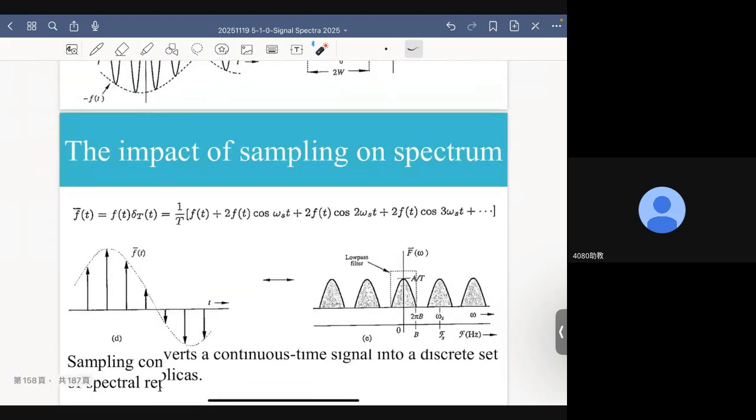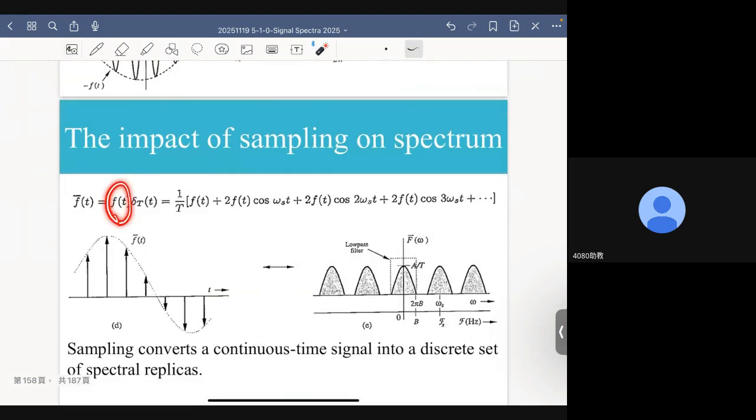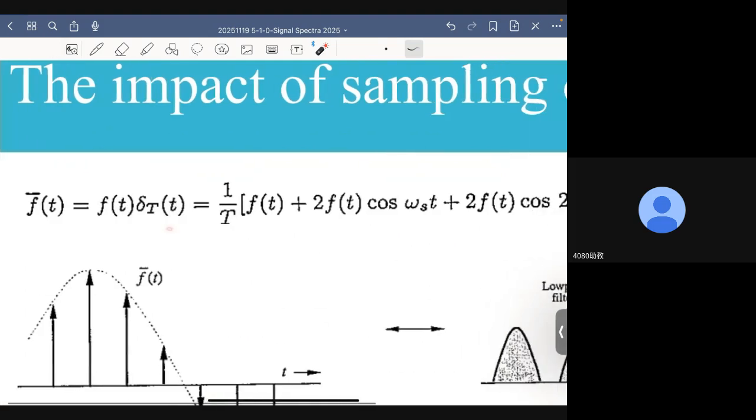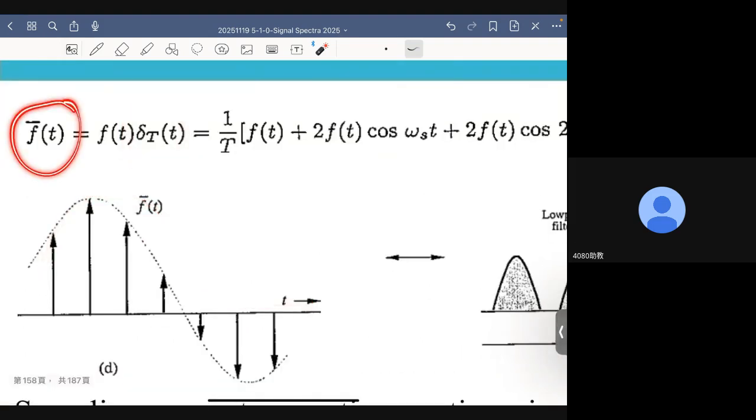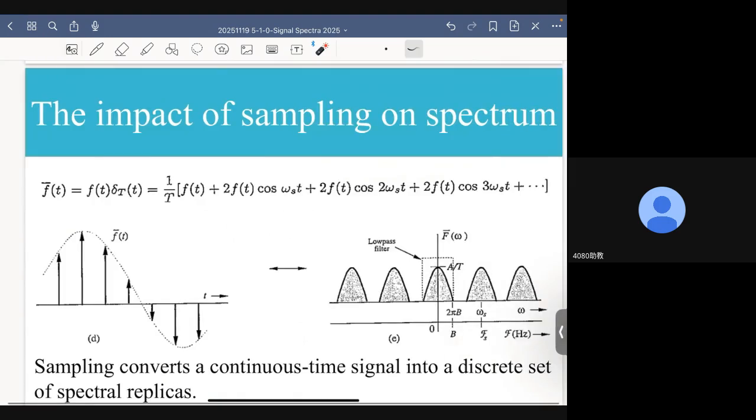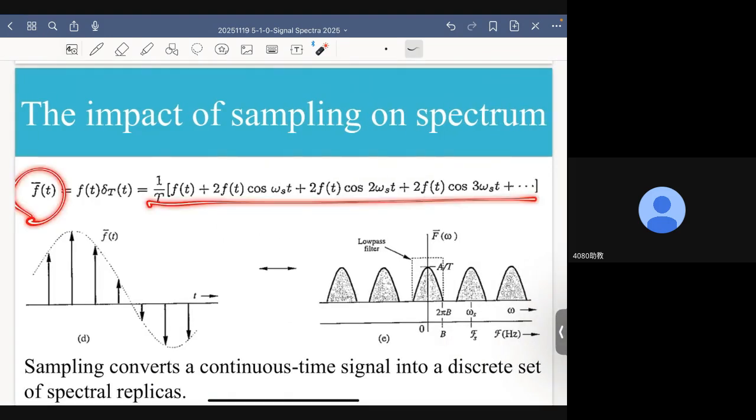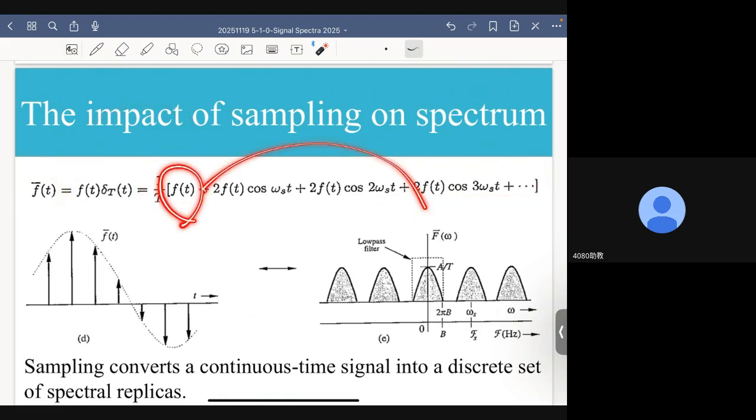So this is the original signal. In order to perform the sampling operation, I multiply it by the impulse stream. And what I have is a sampled version of the original signal, all right? Now, this is the Fourier series representation, okay? So if I take the Laplace transform of this, this is what I will get, right?